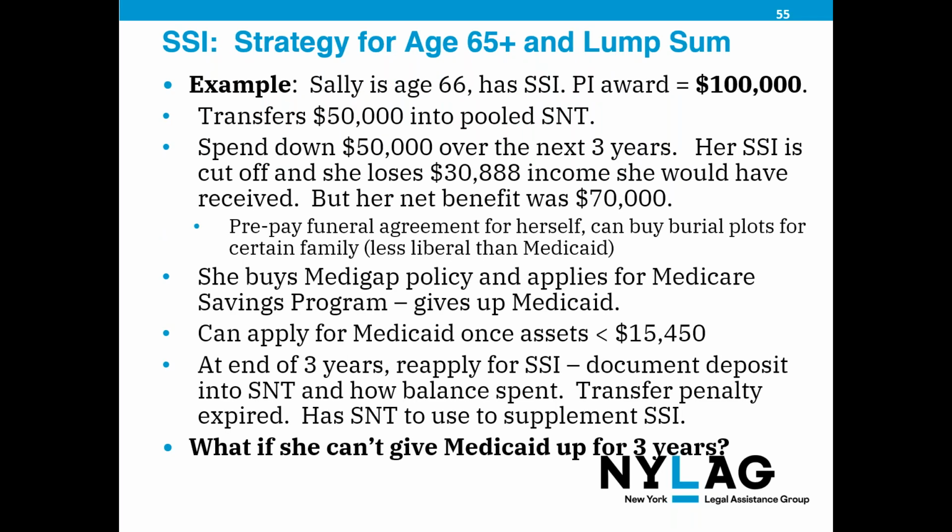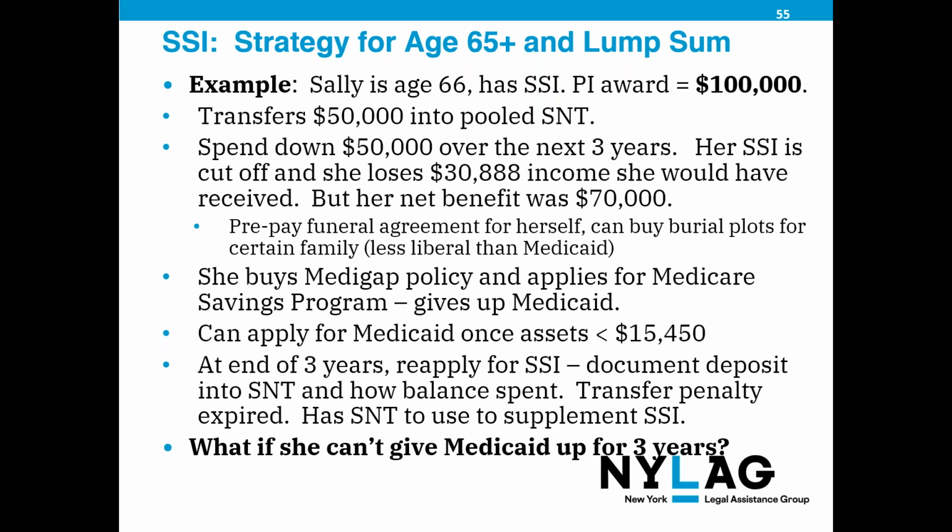So here's an example of Sally who won a personal injury award. She's on SSI. She got $100,000. So she decides to put 50,000 into a pool trust. Now, yes, there will be a penalty if she goes into a nursing home in the next 5 years. She knows that.